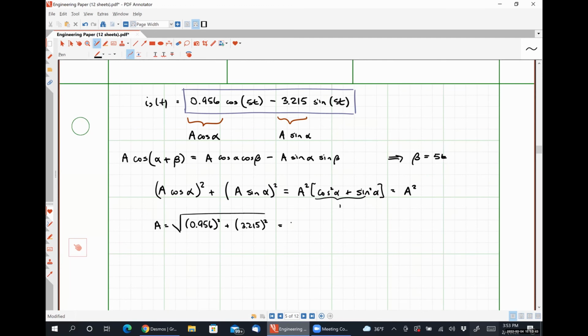Where do I have this written down? Sorry. 3.354, effectively amps. So that's our amplitude.